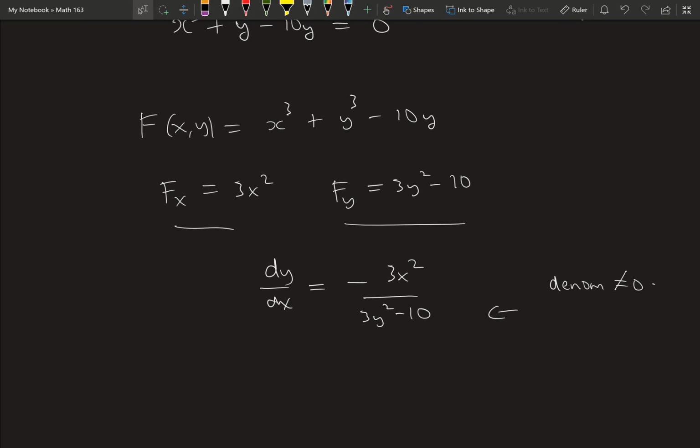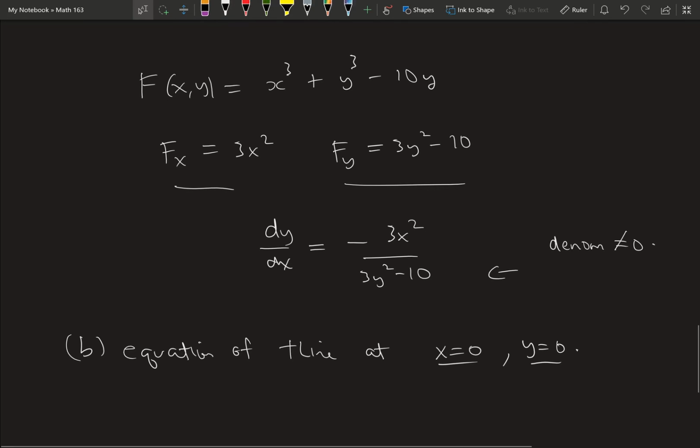Okay. So let's find the equation. So let's do a part B. Let's find the equation of the tangent line at x equals 0, and let's also have y be 0. So what would that look like?